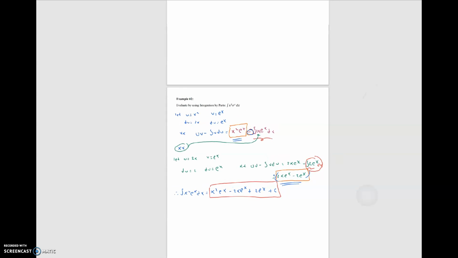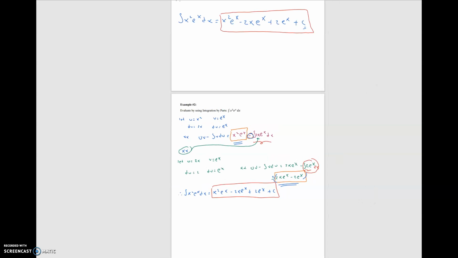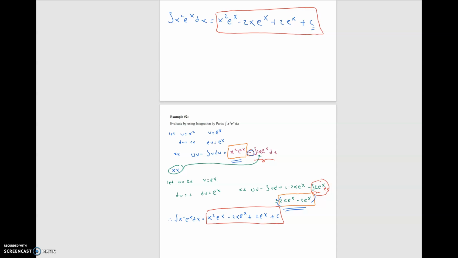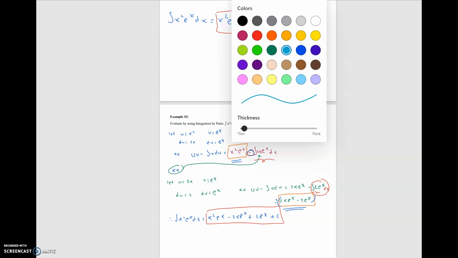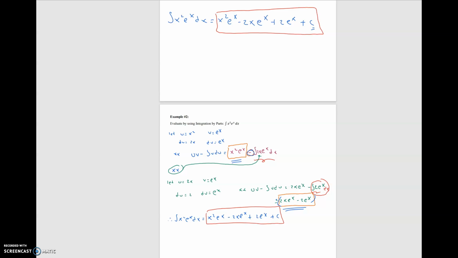In this situation, it was a lot messier to approach this problem by integration by parts. Let me try to fit both solutions in here to make sure that there are no errors. Also, every time that you're doing by parts, you may end up with an integral that you need to do by parts again. On this last one, we didn't because it was a simpler integral, but on some problems, it may turn out to be too much work.